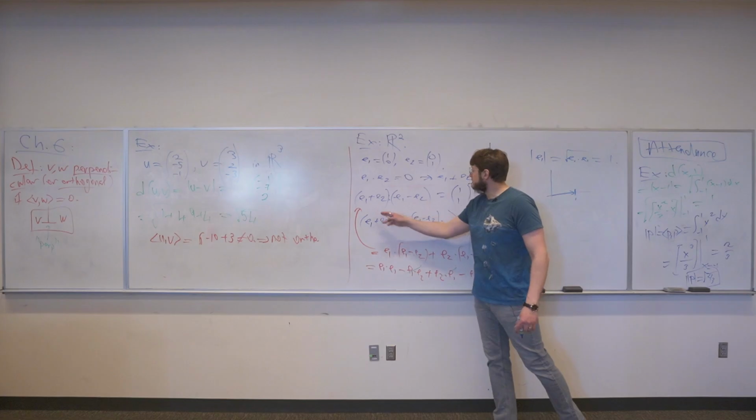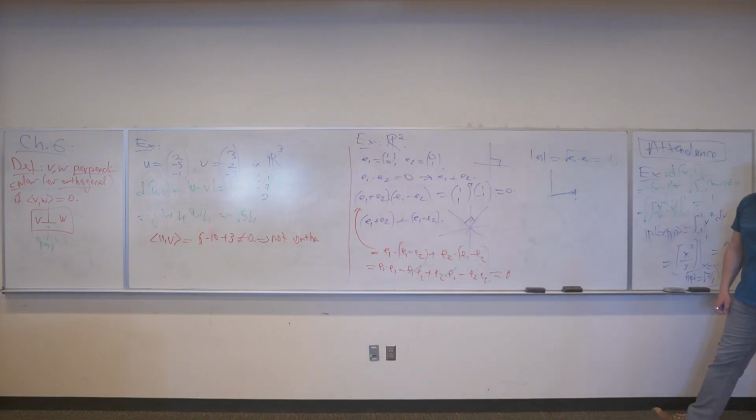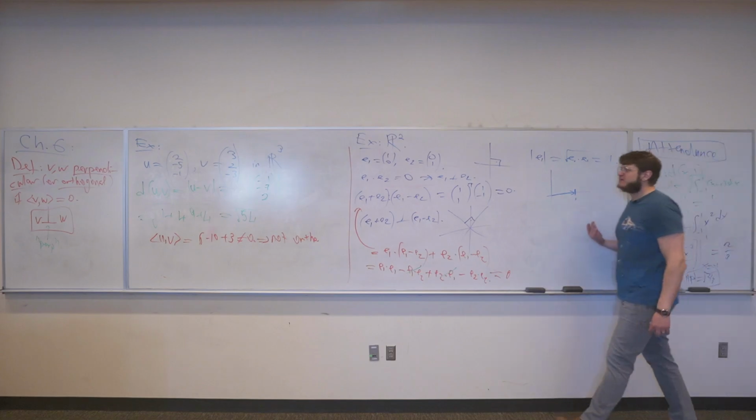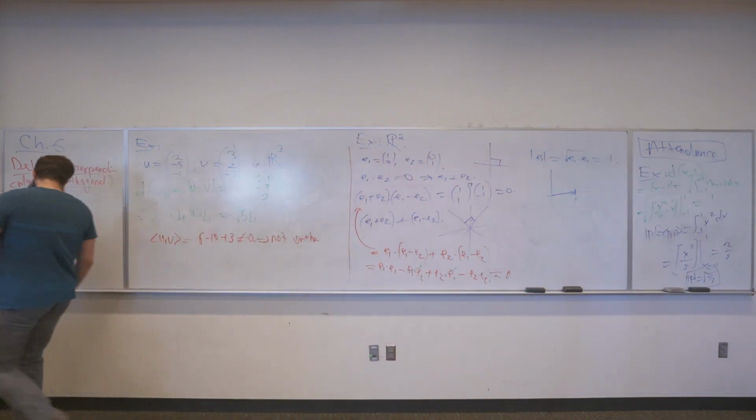Okay, let's do one more thing perhaps. So the norm of E2 is going to be 1 also. Maybe I should add that. If a vector has norm 1, you call it a unit vector.